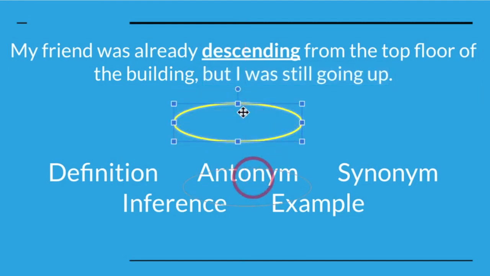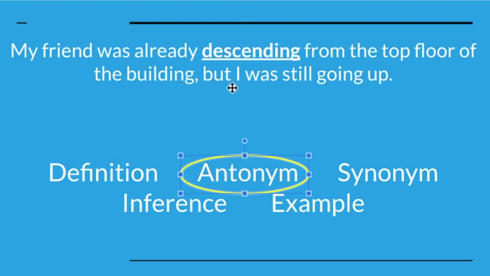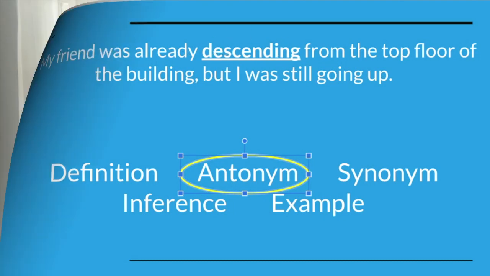Yes, it's an antonym. The word but is here. That makes you know that something is going to be different or the opposite. So if I was still going up and that's different than her, descending must mean going down.